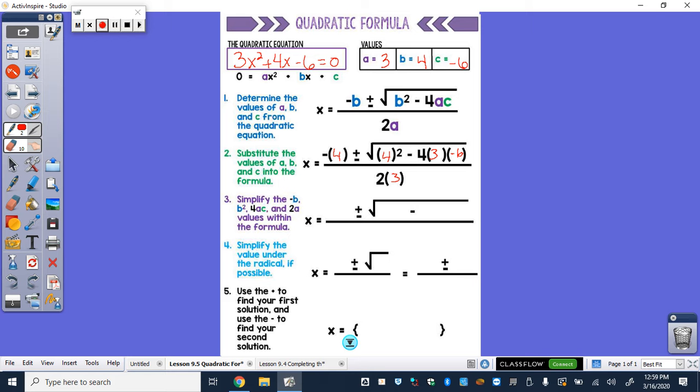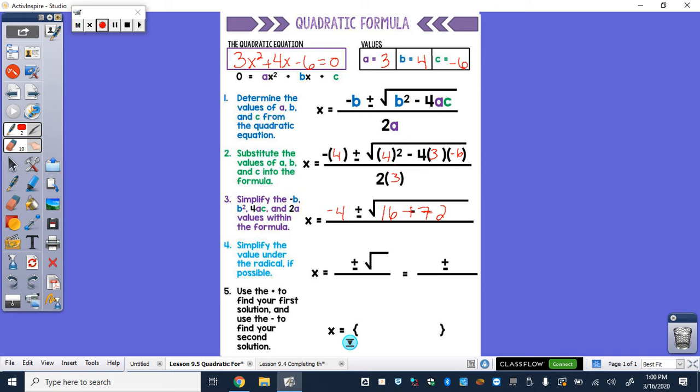So then cleaning things up, right here gives us -4. 4 squared, 16. And then 4 times 3 times -6. And it will end up being positive, because it would be minus a -72, which really means it's plus 72.